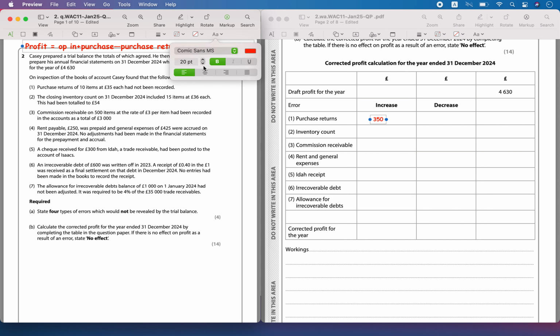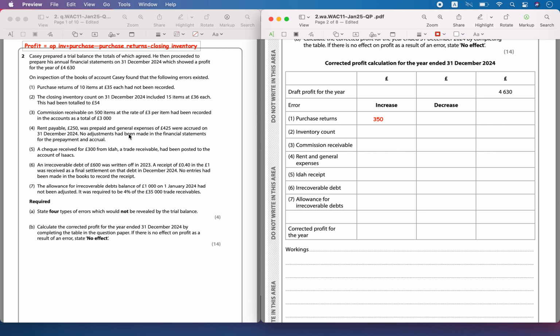So if the purchase returns had not been recorded, and they are now included, this is going to result in an increase in profit.